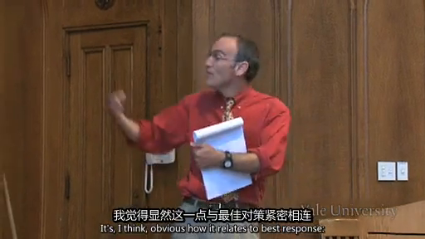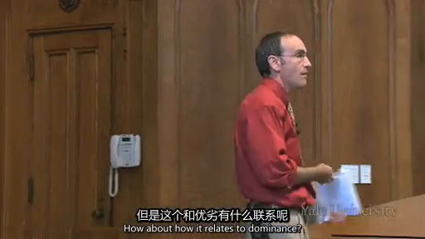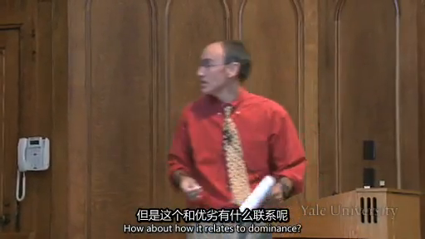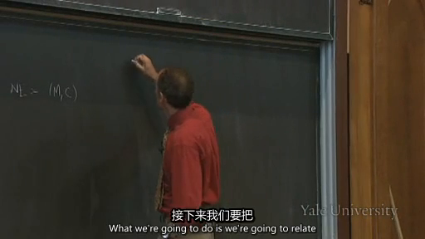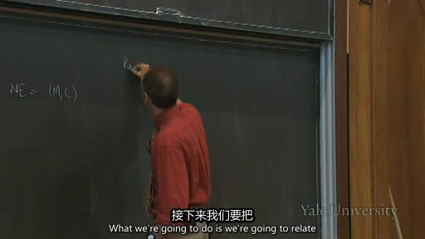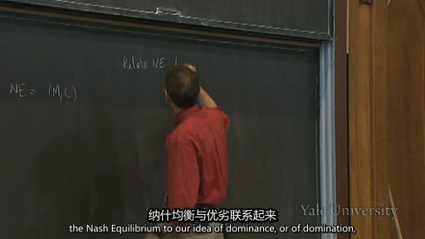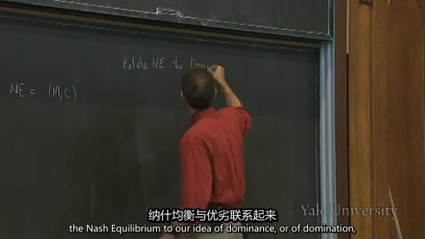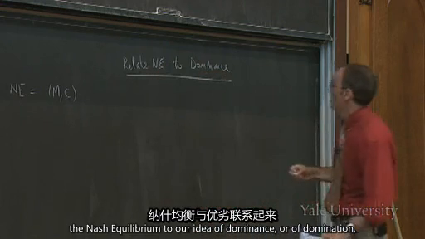It's, I think, obvious how it relates to best response. It's when best responses coincide. How about how it relates to dominance? Well, to do that, let's go back. So what we're going to do is we're going to relate Nash equilibrium to our idea of dominance, or of domination.